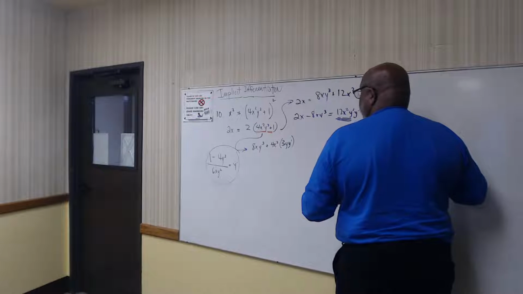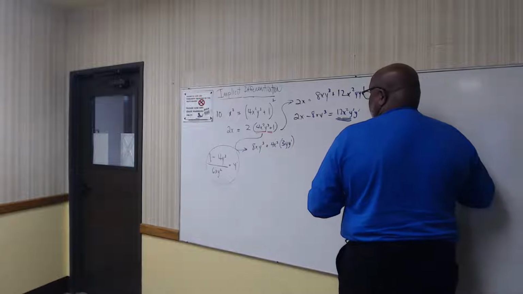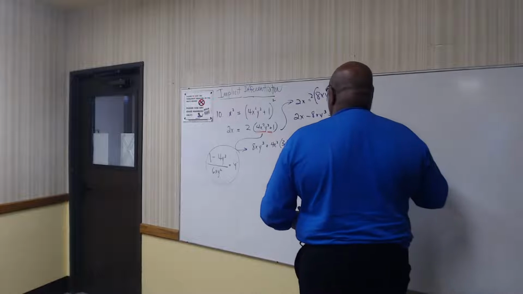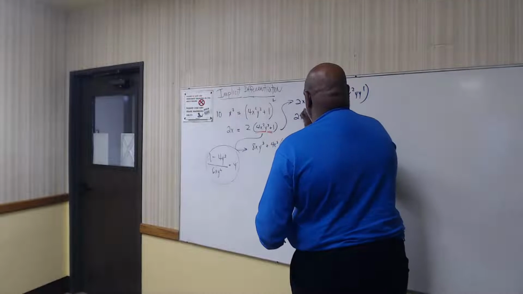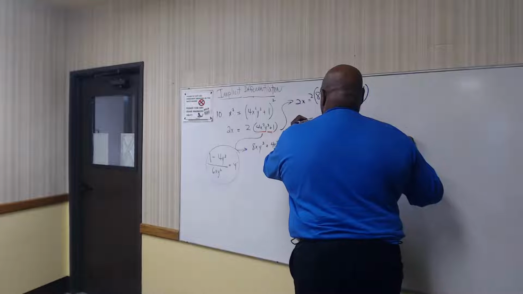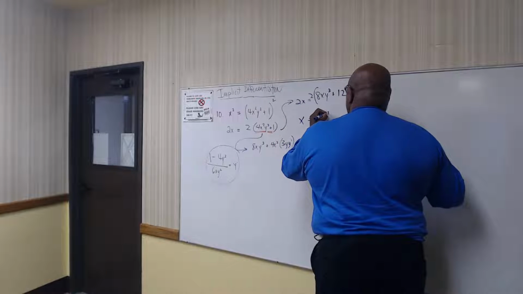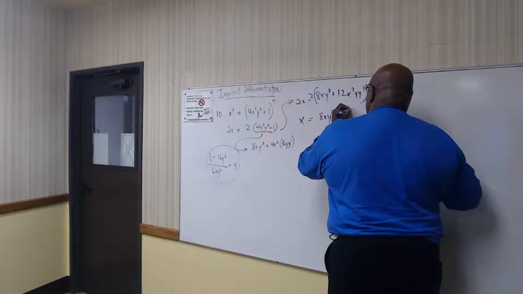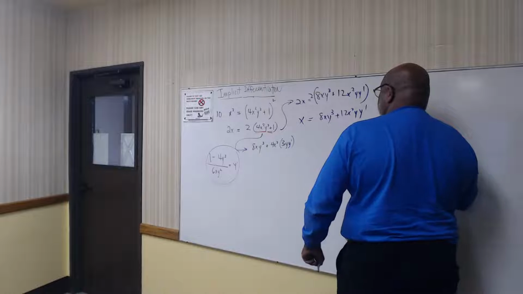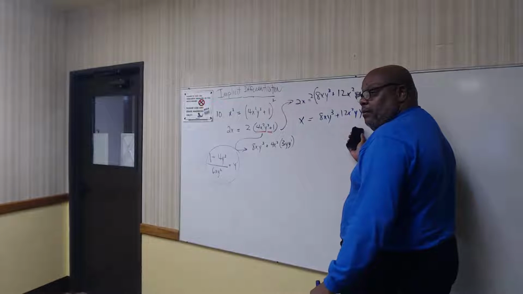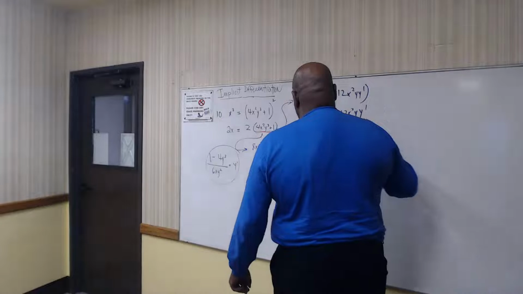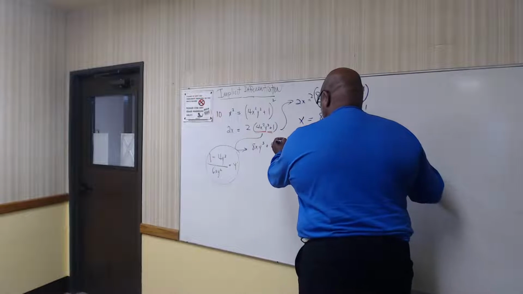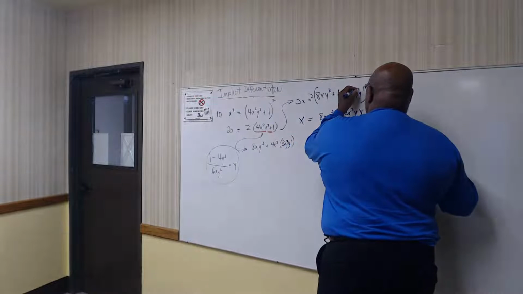Is that being multiplied by 2? That's what I'm going to say. So that's where the 2 comes in, right here. So I would say you can divide both sides by 2. And you get x by itself is equal to 8xy cubed plus 8x squared y prime. Now you solve for y prime, right? Wait, for that, the equation right there, the 3y y prime, wouldn't it be 3y squared y prime? 3y squared y prime.